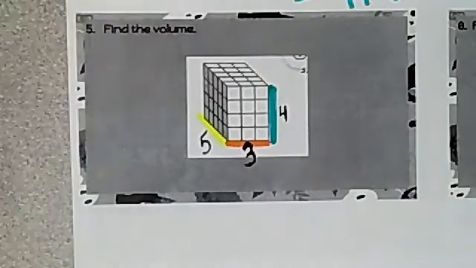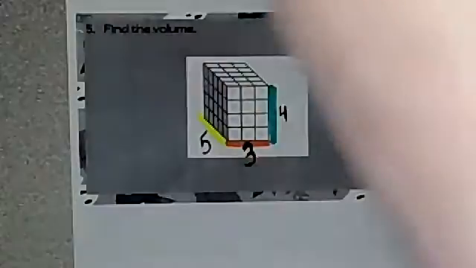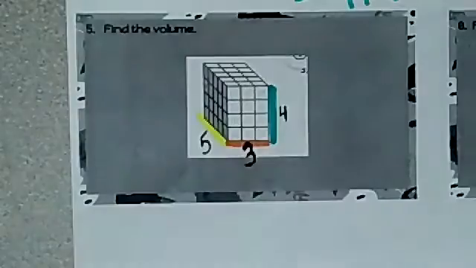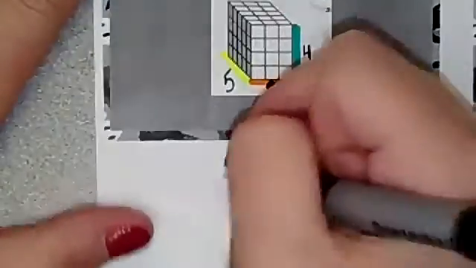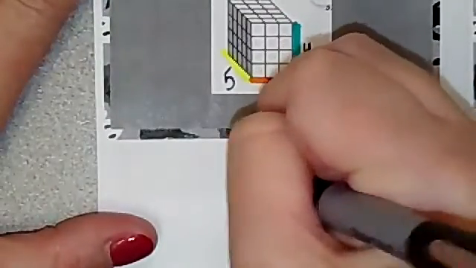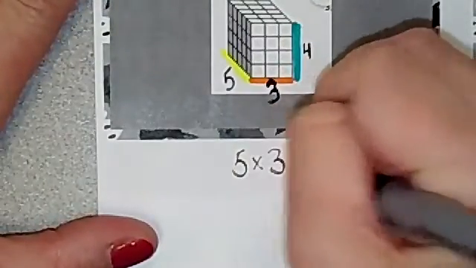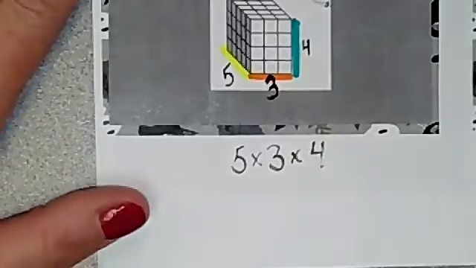So Zayden, tell the people, the cheap seats in the back, how do we find volume? Very good. You multiply the dimensions. Please do not add. It stresses Miss Ross out. So you've got 5 times 3 times 4.